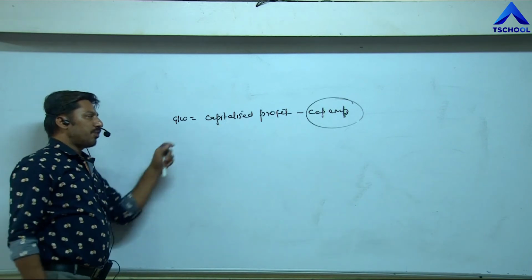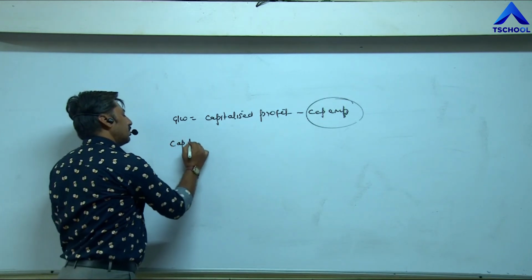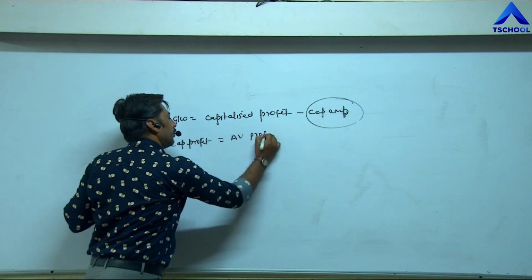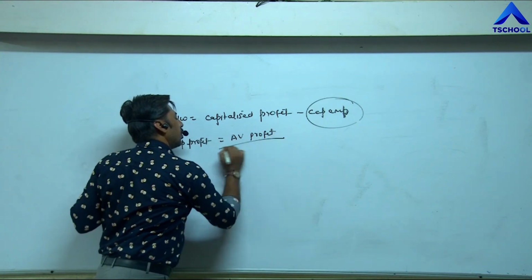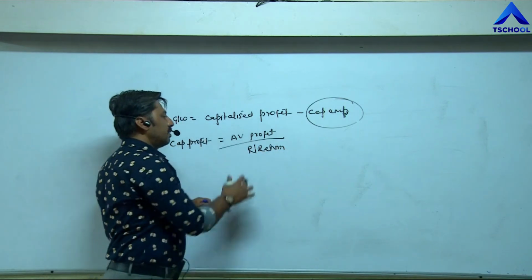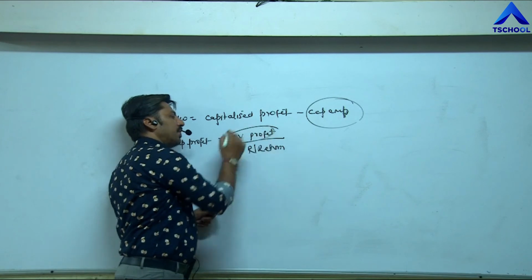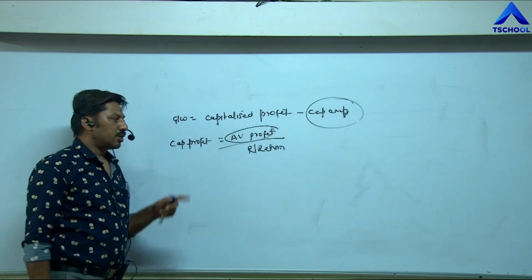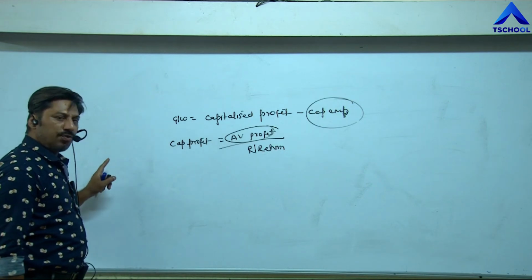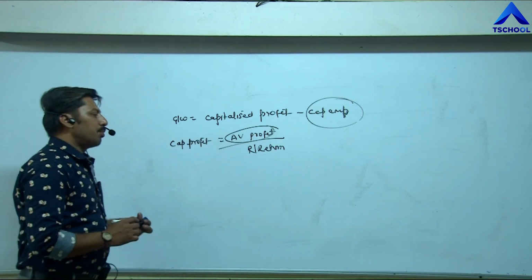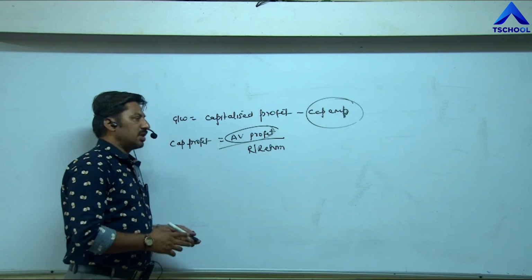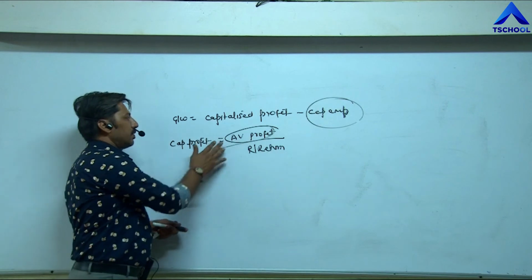And capitalized profit is equal to average profit upon rate of return. Again, to calculate average profit, either we apply total profit upon number of years or total weighted profit upon total weight. It depends on whether profit is given in fluctuating trend or increasing or decreasing trend.